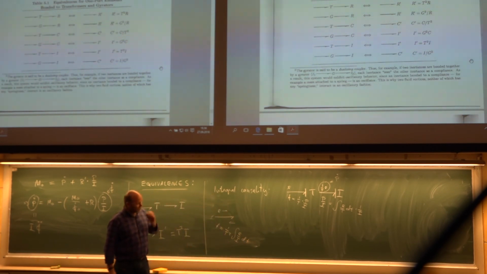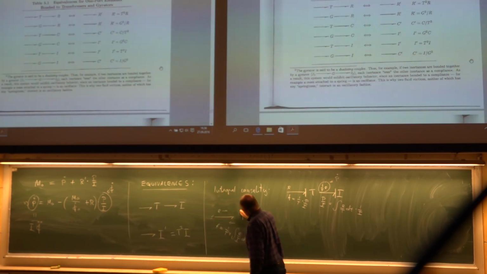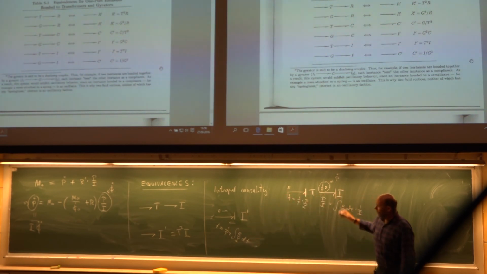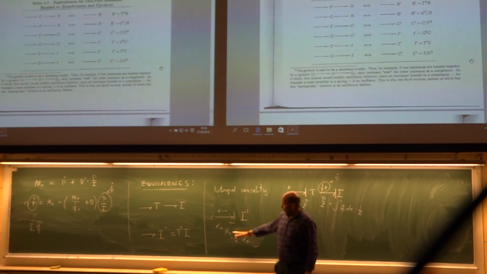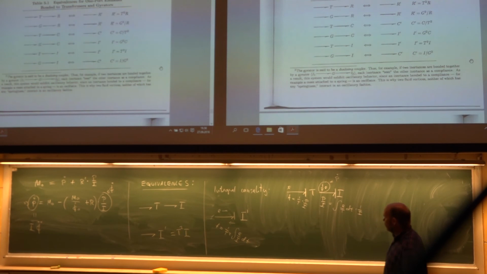What is this? Well, this is exactly what you would have gotten if you had an inertance here, with the stroke like this, and you have to call it something else than the one you have here, because you have gotten the ratio T square in addition.